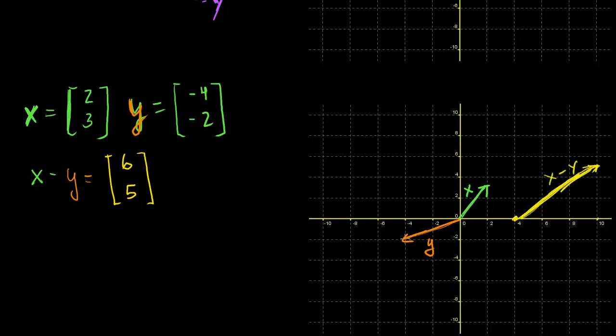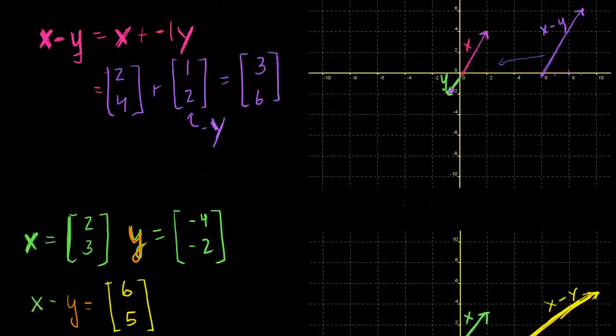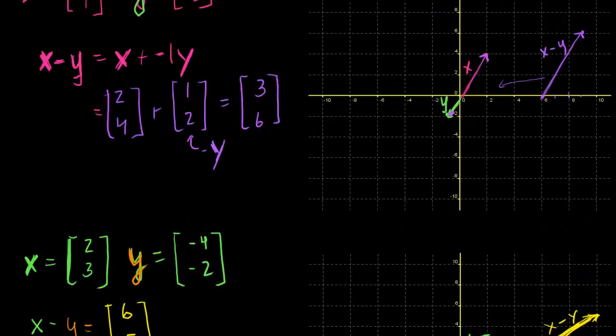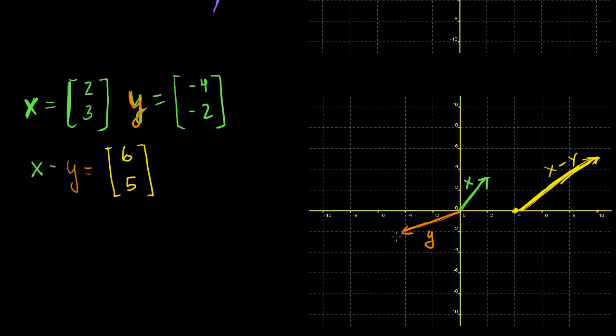But if we drew them between, like in the last example, I showed that you could draw it between their two heads. So if you do it here, what does it look like? Well, if you start at this point right there, you go 6 to the right, and then up 5. You end up right there.